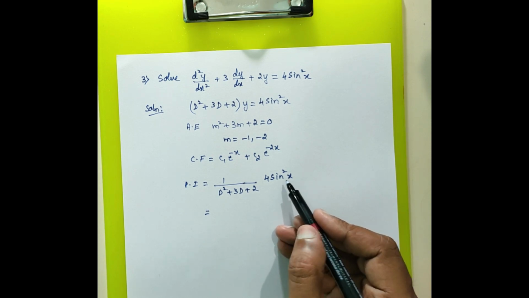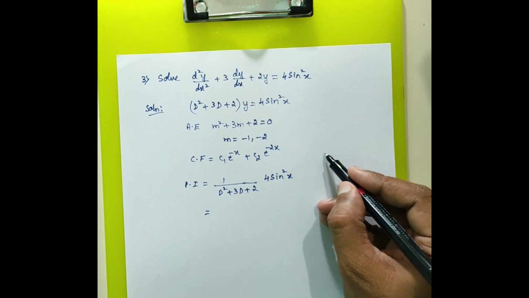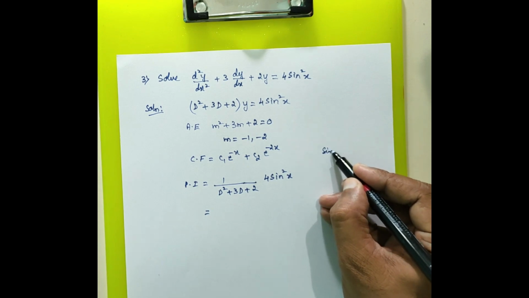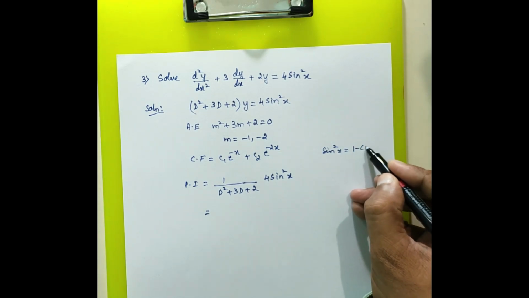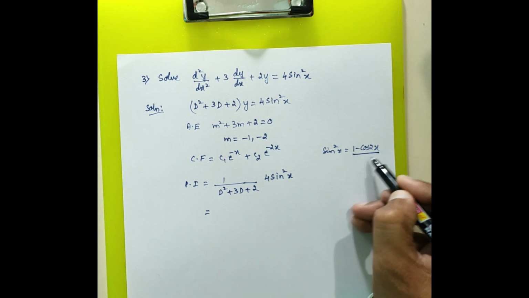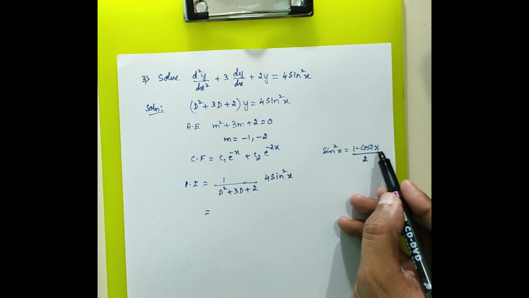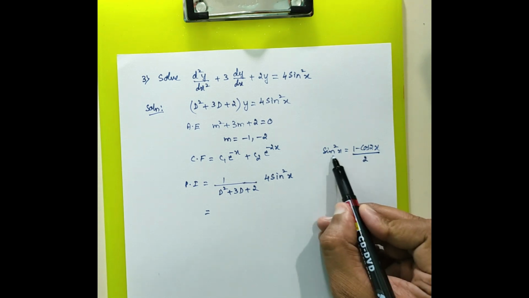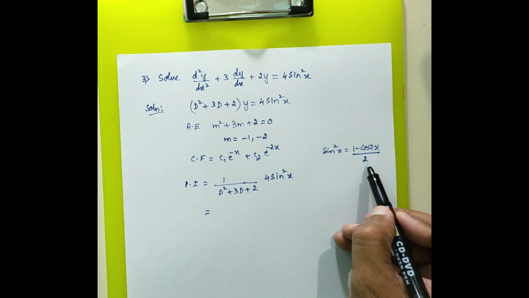So the formula for sine square of x is 1 minus cos 2x divided by 2. We know 2 sine square x is 1 minus cos 2x, so sine square of x can be written as 1 minus cos 2x by 2.